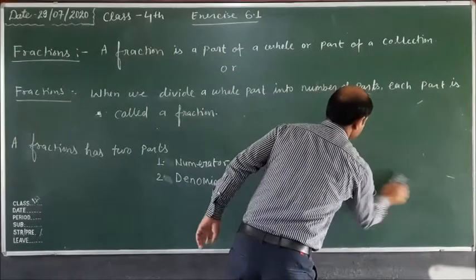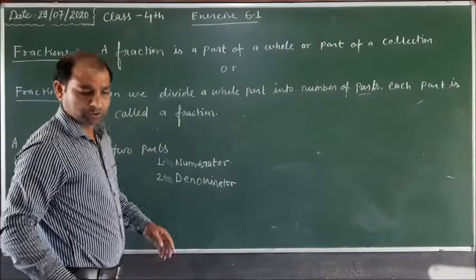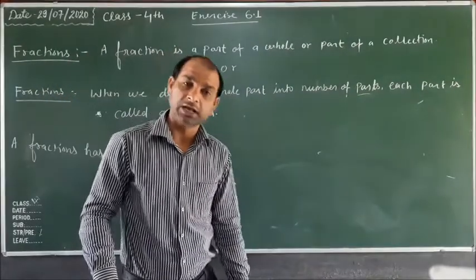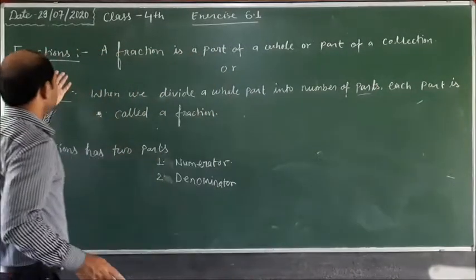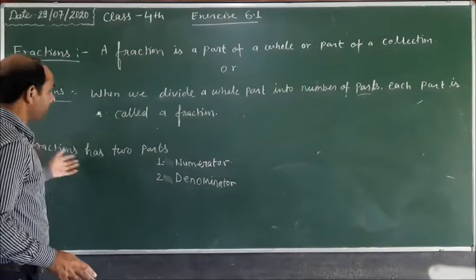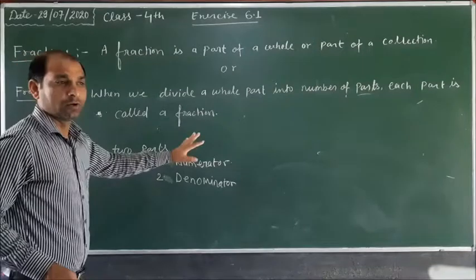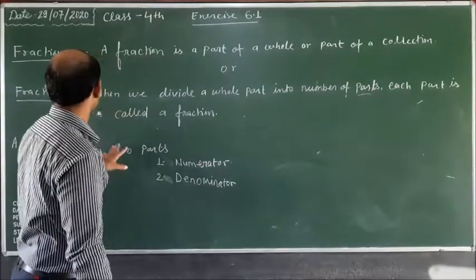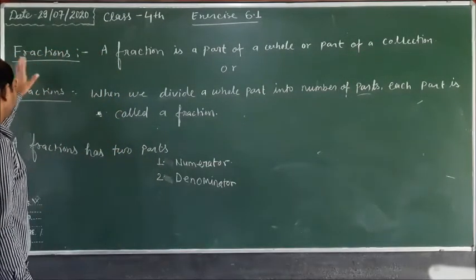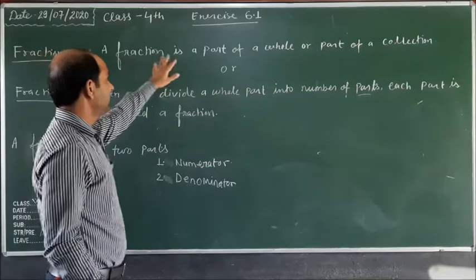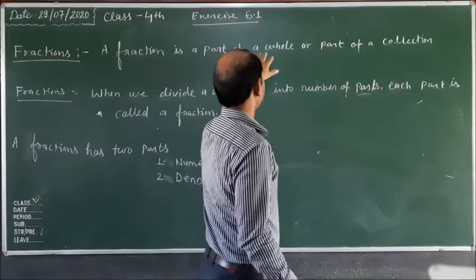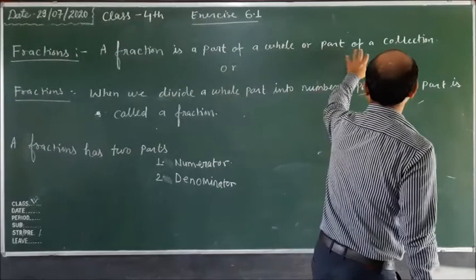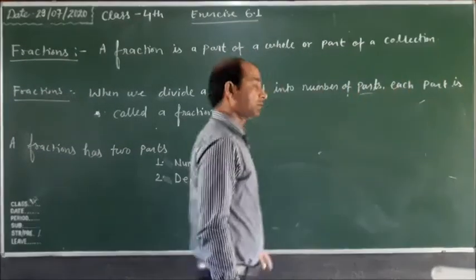So, I just told you mixed fraction, proper fraction, improper fraction, like fraction, unlike fraction, and this is the definition of a fraction. A fraction has two parts. One part is the numerator and the second part is the denominator. Once again, I repeat the definition of a fraction. A fraction is a part of a whole or a part of a collection.